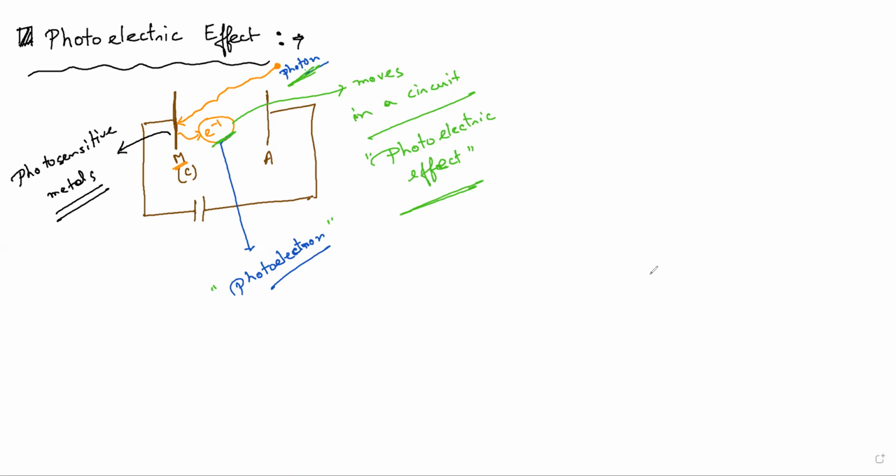Any doubt regarding this part? I am writing all the stuff one by one.